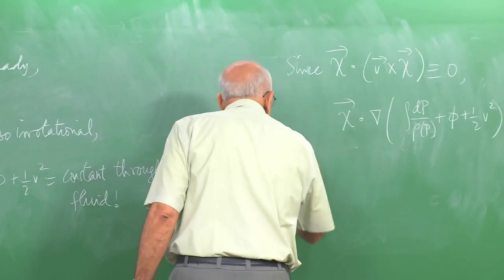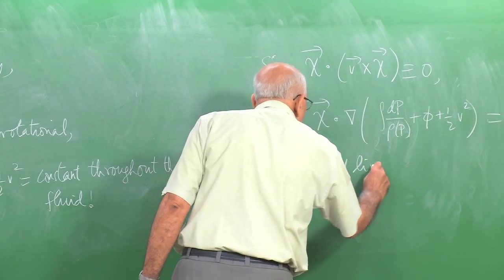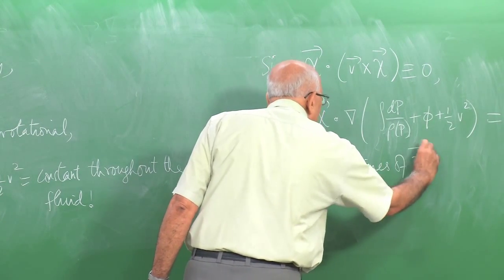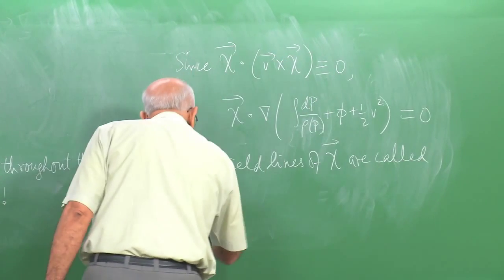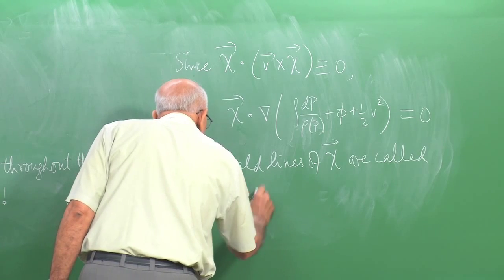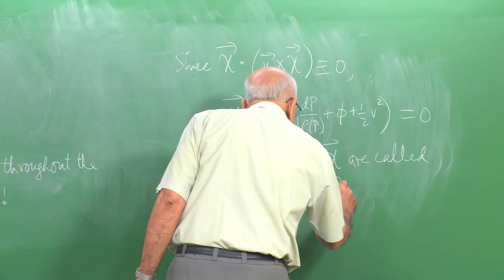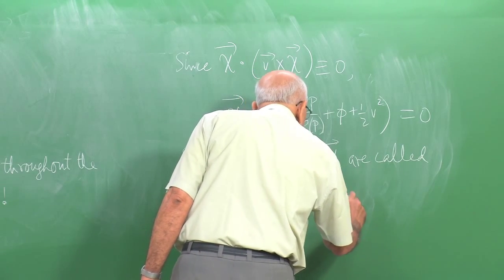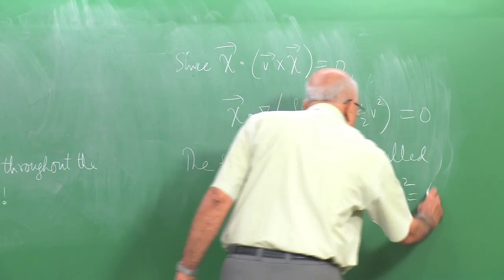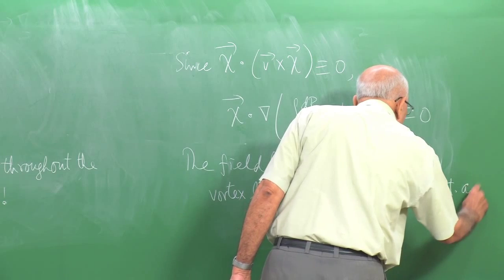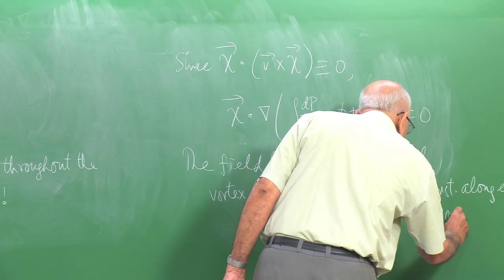So, the field lines of chi are called vortex lines, and integral dp over rho of p plus phi plus half V squared equals constant along each vortex line.